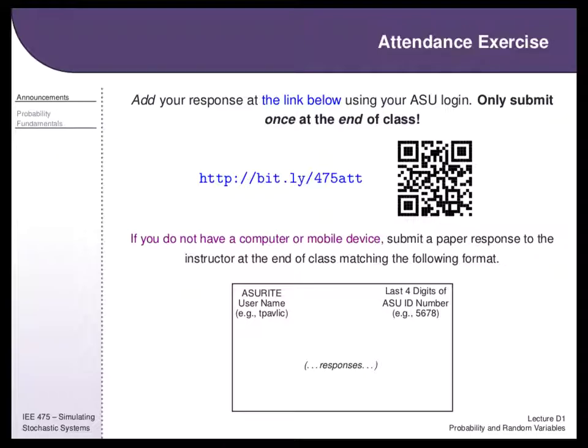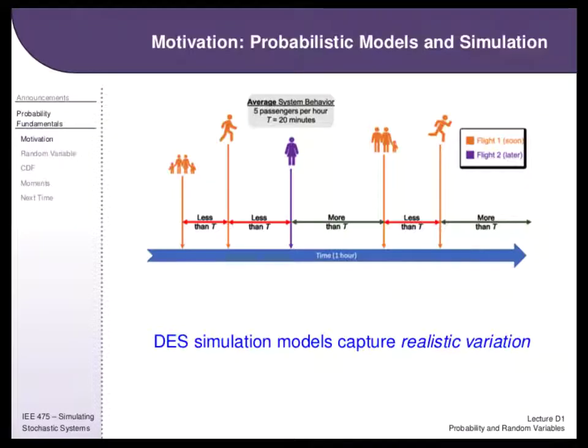For the first question, it's just, is there class on Thursday? Because I covered that earlier. Under question 1, just write yes or no. That's your attendance question. All right, so let's move on.